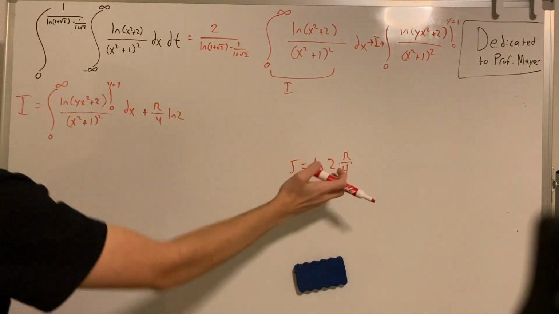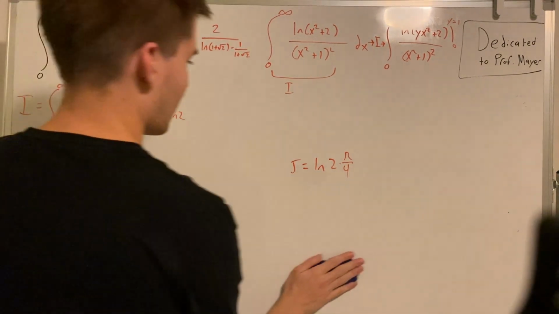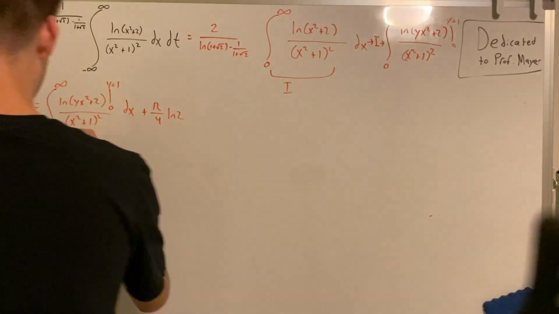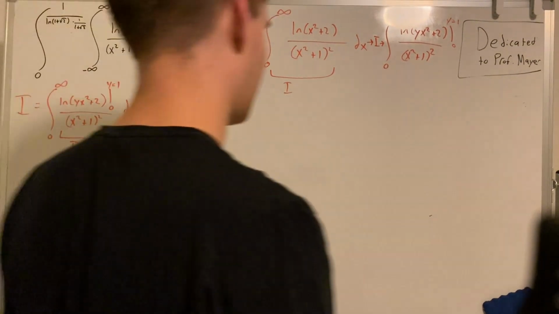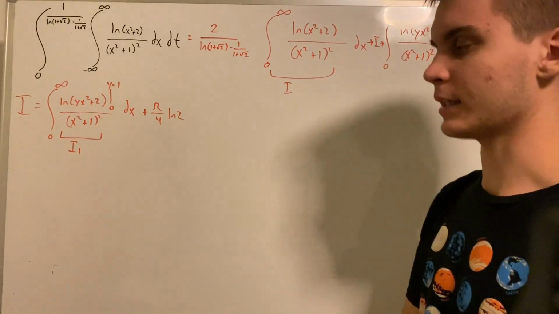Because we'd have a negative of this from this term, so we have to balance it out by adding that term. And I'm going to call this I sub 1 for the purpose of not having to write this term anymore. Okay, well, not until the end.